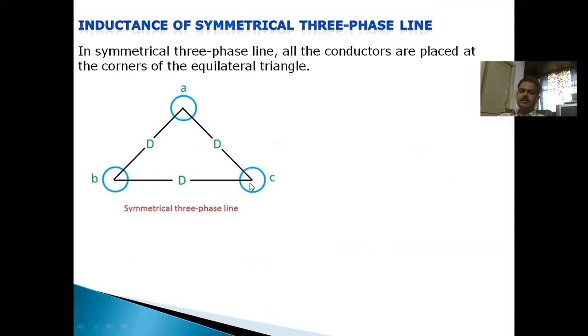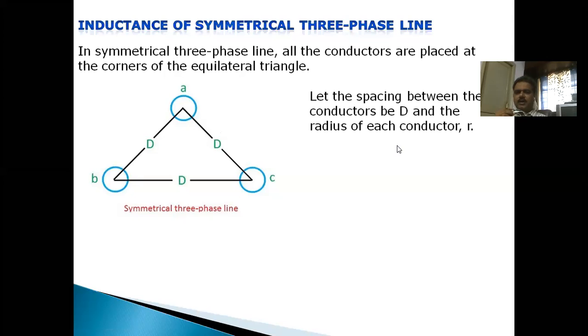All the three conductors are at an equal distance. The spacing between the conductors is d, and we can consider the radius of each conductor to be the same, r.